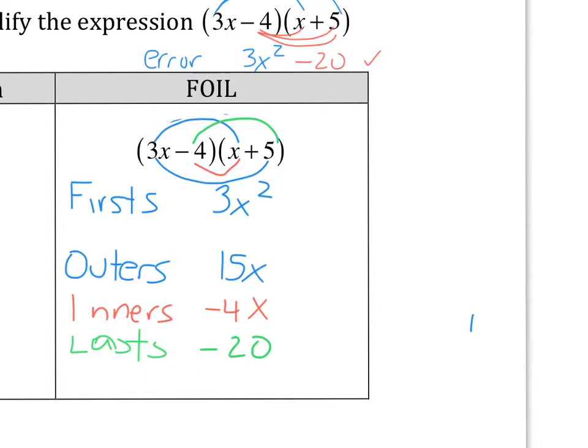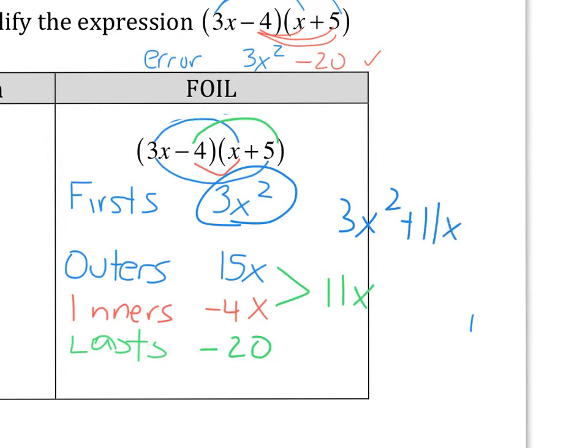And notice this is just like the box method. And what we just do now is combine things. These two can combine to 11x. And then my final result will be the same. 3x squared plus 11x minus 20. And notice we got that answer before when we simplified.